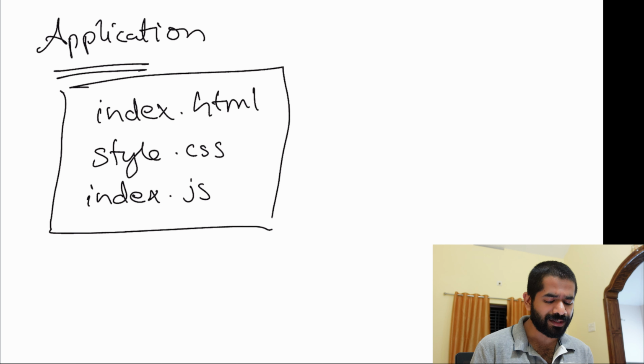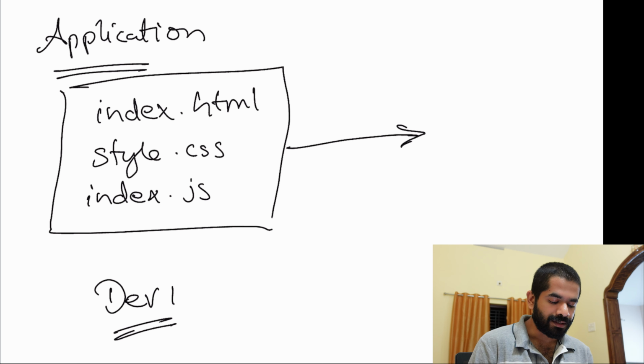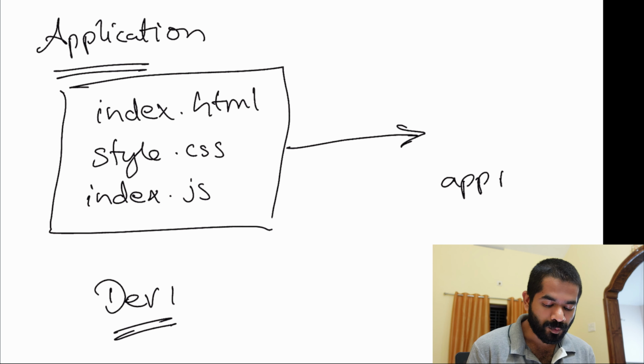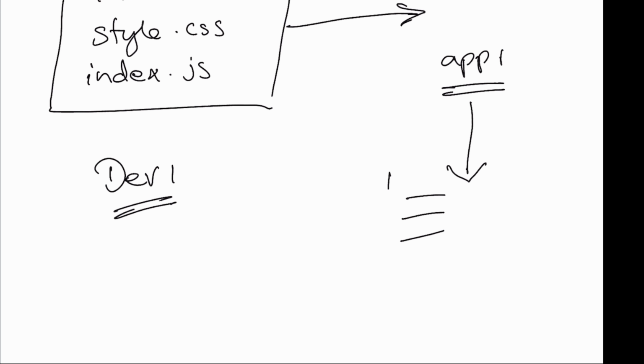Let's assume that we are just storing it. Now we have one developer, dev1. He is storing this entire application in a folder, and let's name it app1. In this directory he is storing this bunch of three files: the HTML, CSS and the JS file.